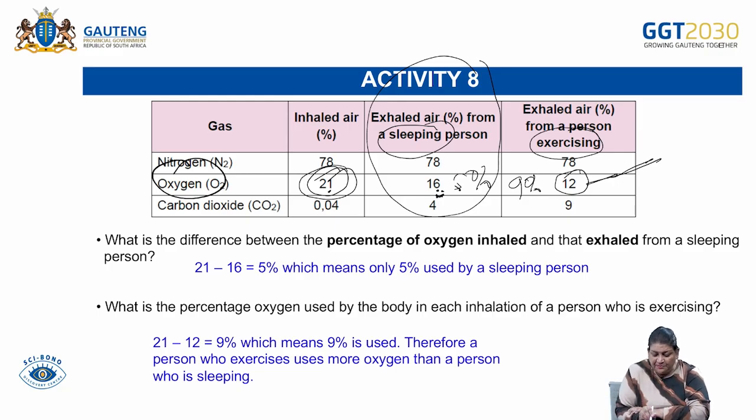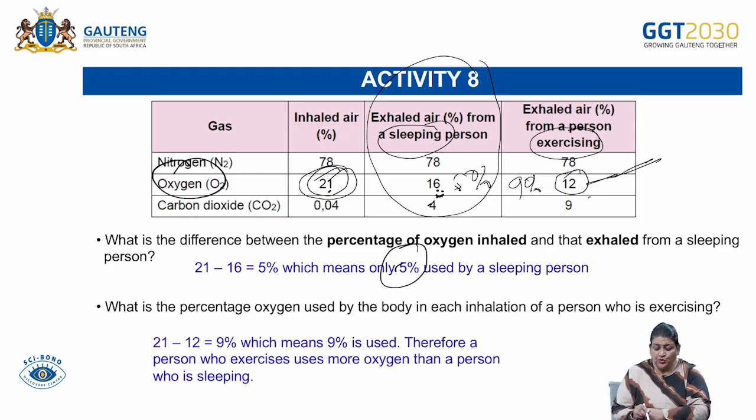So when he is sleeping, the person used 5%. Out of the 21%, he used 5 because he breathed out 16. But when he was exercising, the amount of oxygen that was exhaled was 12 out of the 21, which means he used 9%.